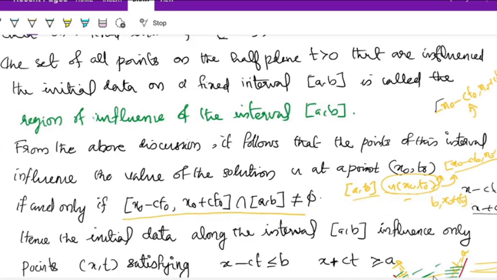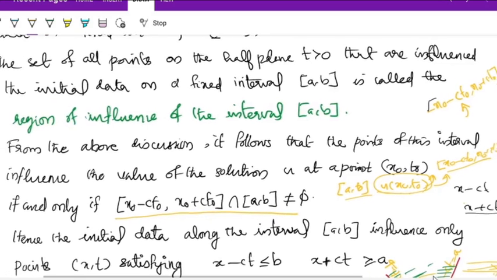So I'm not writing this one here. The values of the points of the closed interval AB influence the value of u at a point (x0, t0) if and only if the intersection of the two closed intervals, that is the closed interval AB and the closed interval x0 minus c t0 to x0 plus c t0, is not equal to the empty set.